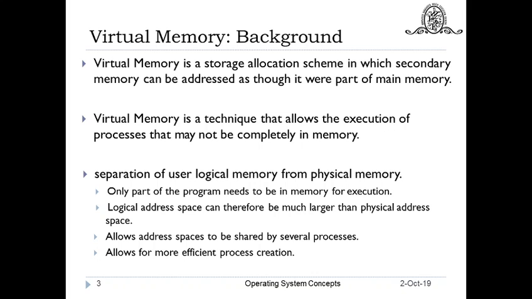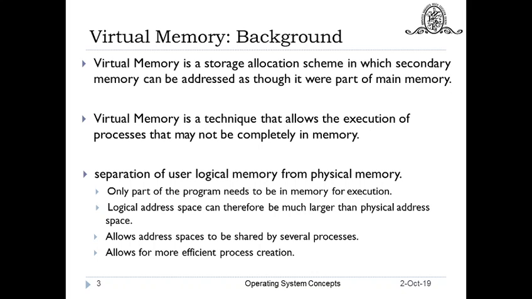So first of all, we should know the purpose of virtual memory or benefits of virtual memory. Virtual memory is used to pretend that our main memory is so big that we can put multiple tasks in it and we can execute them.